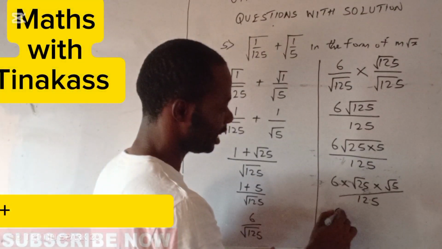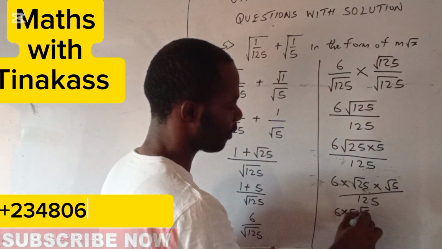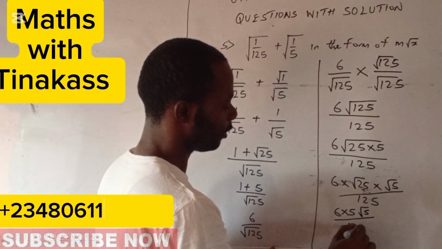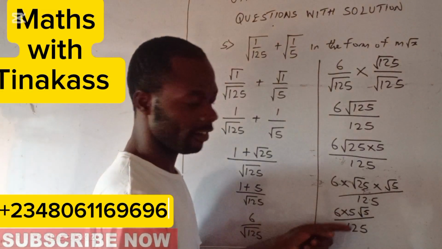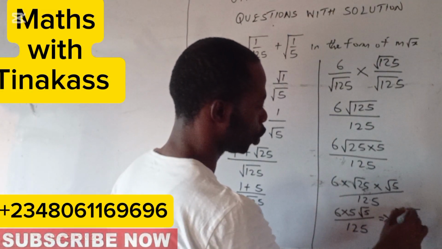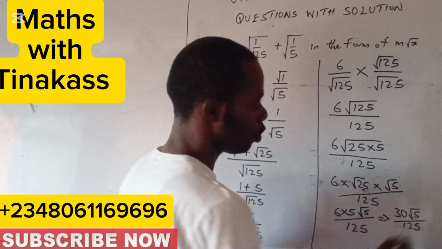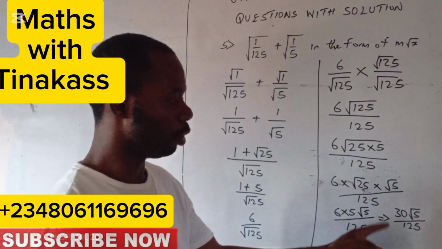We have 6 times 5 root 5 all over 125. 6 times 5 is 30. Then we have 30 root 5 over 125.